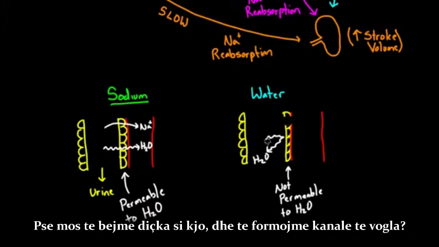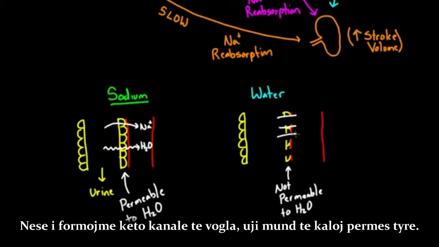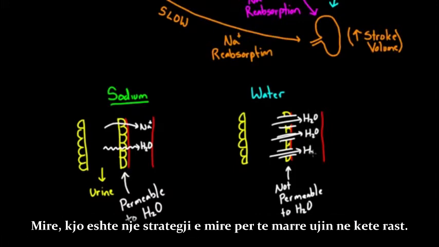Why not just do something like this and create little channels? And so that's exactly what happens, you create these little channels and water can just go through them. So basically you make it permeable by creating channels.